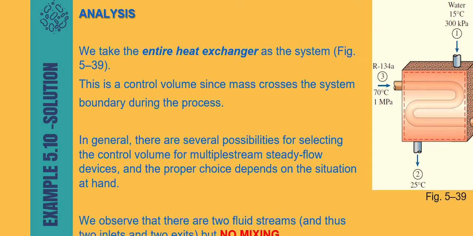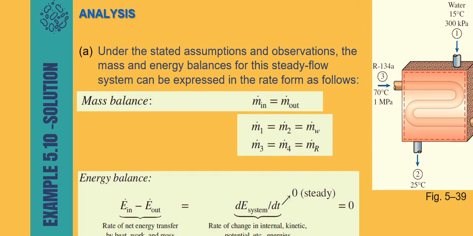Okay, this is just the one that I have mentioned previously. This is the expression already mentioned to you. You have to write mass in equal to mass out. So you need to write what is mass in and what is mass out. Mass in for water is m1 and mass out for water is m2.